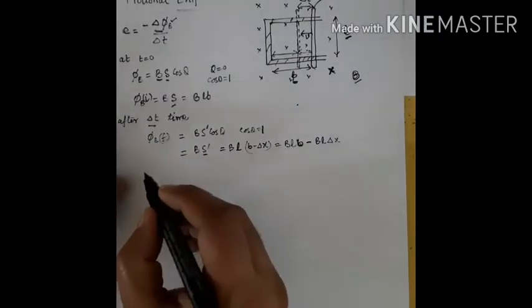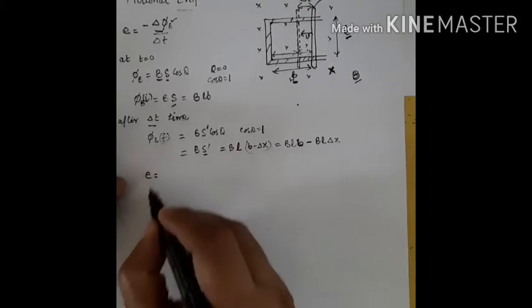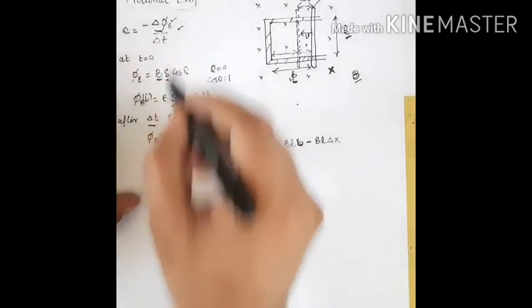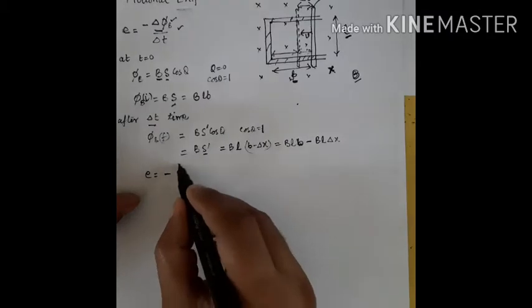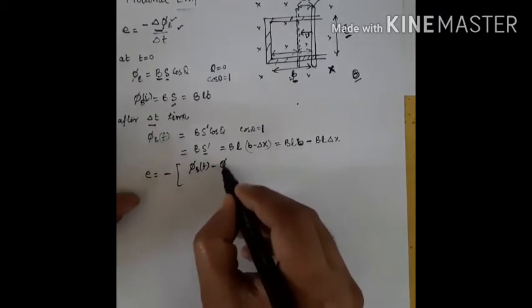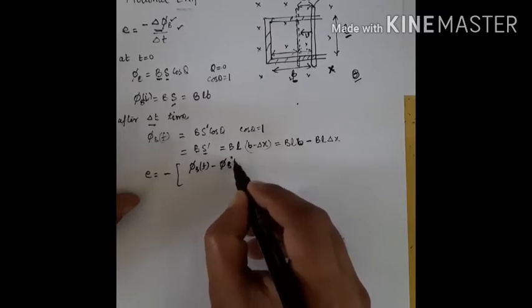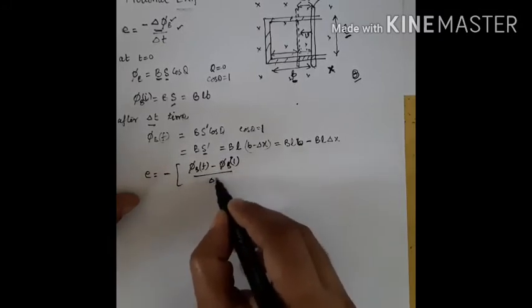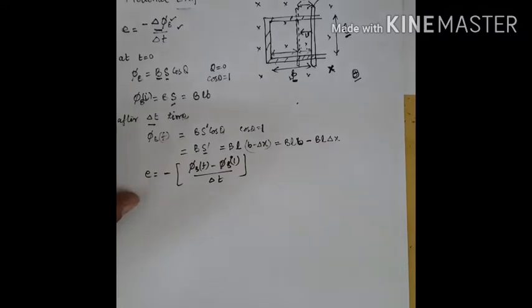Now to calculate the induced EMF, we put both values in the above equation. That is equal to the magnetic flux final minus the magnetic flux initial, divided by the time interval.